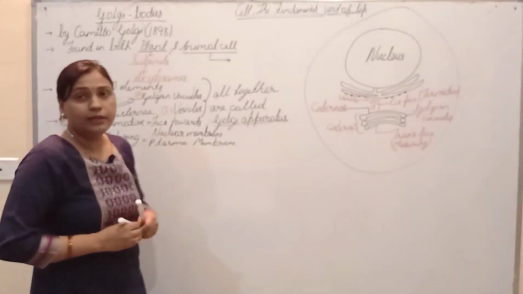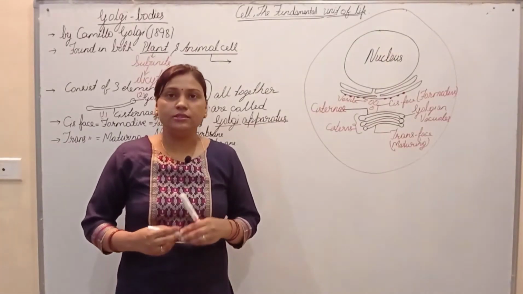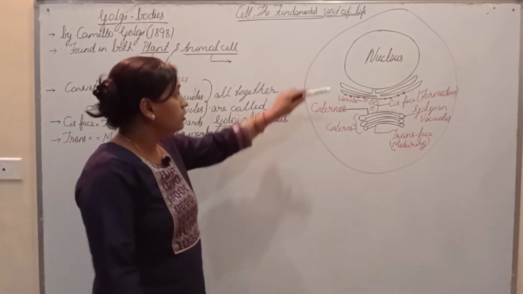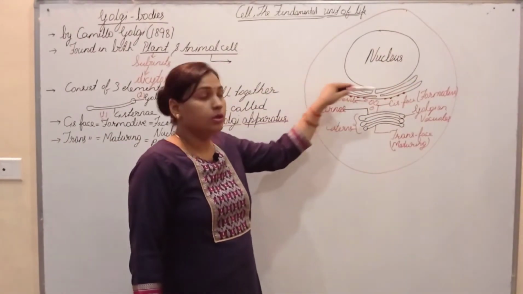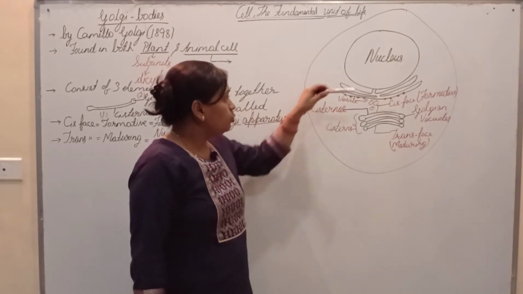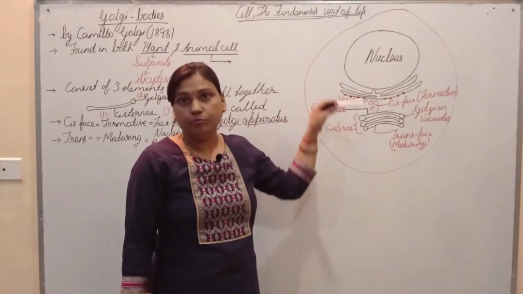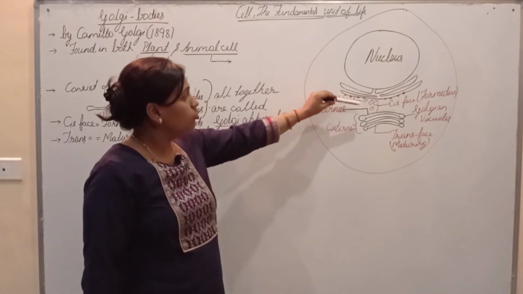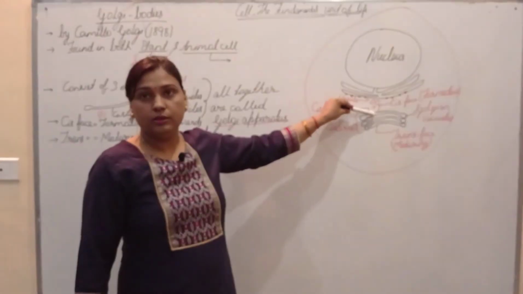We all know that lipids and proteins are synthesized inside the endoplasmic reticulum. Now these vesicles will transport these lipids and proteins from the endoplasmic reticulum to the Golgi body.